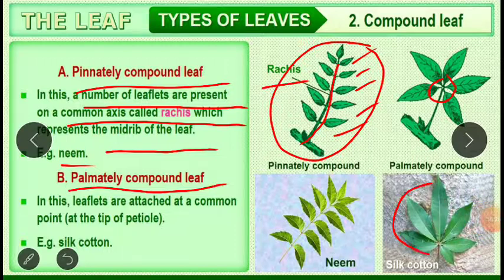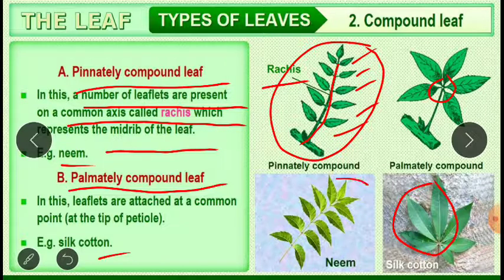Here you can see this is the palmately compound leaf. An example is the silk cotton. Here the rachis is not present. The midrib itself is divided into leaflets. So this type of leaf is known as the palmately compound leaf.